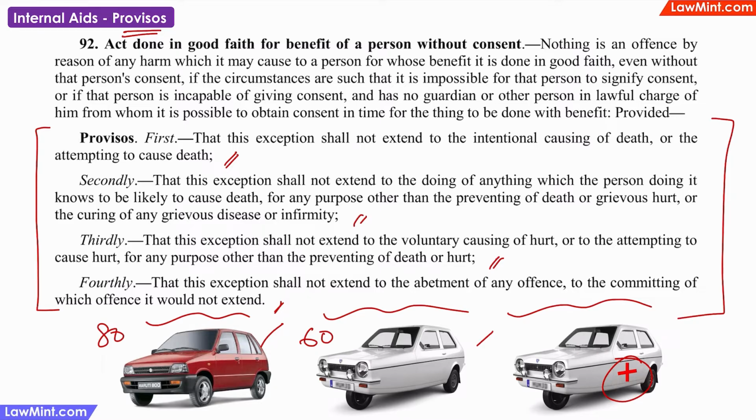So, to summarize, an exception will narrow down the scope, such as from 4 wheels to 3 wheels, and a proviso will refer to a specific condition or situation, such as when the 3-wheeled car is being used as an ambulance. And provisos typically start with the words provided or provided that.